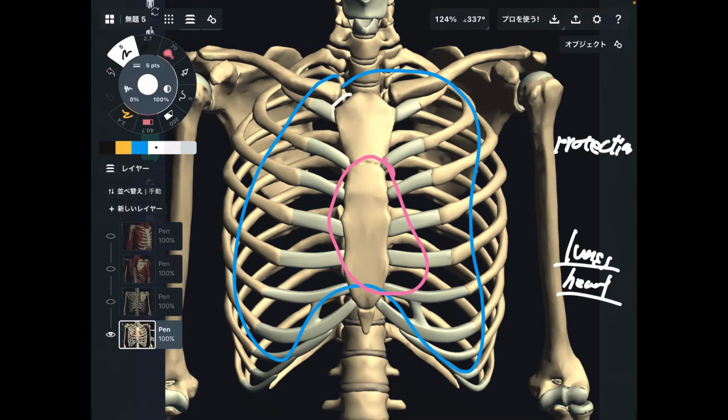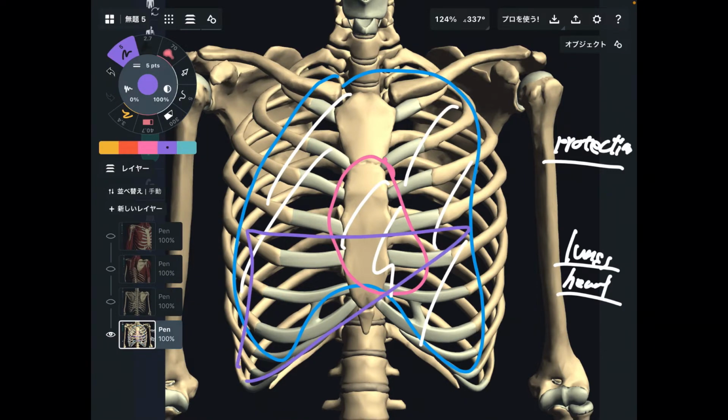What if the lungs and heart are not protected? They are easily injured from shock and trauma, right? The thorax is very important for protection. Not only for the heart and lungs, the ribcage also protects abdominal organs, such as this huge organ, the liver. And what is on the left side?